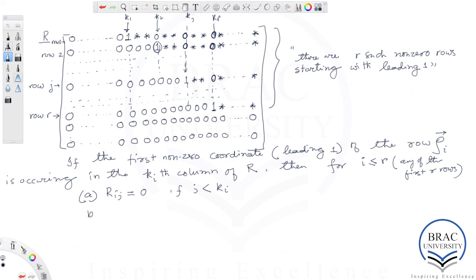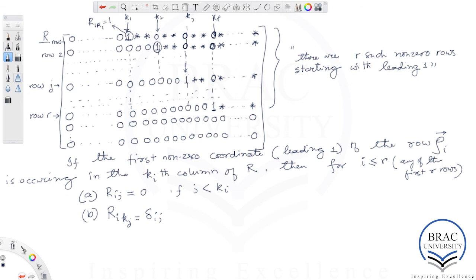And then Ri kj is equal to delta ij. So whenever i is equal to j, this is equal to 1, meaning that Ri ki is equal to 1. Elsewhere it's 0. For the first row, this entry is R1 K1, that is why it's 1.